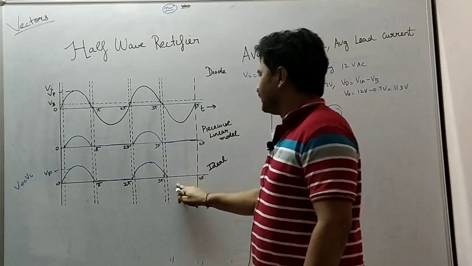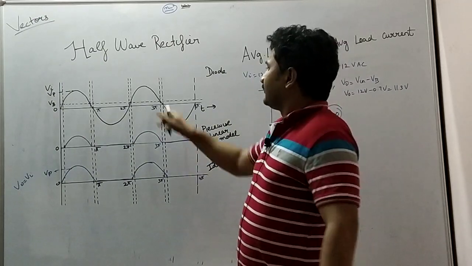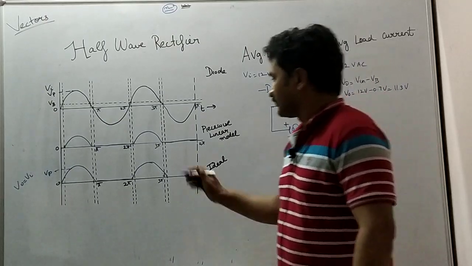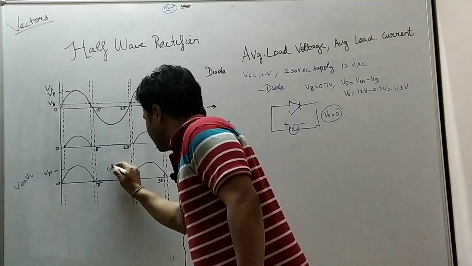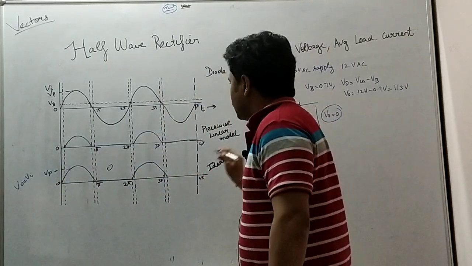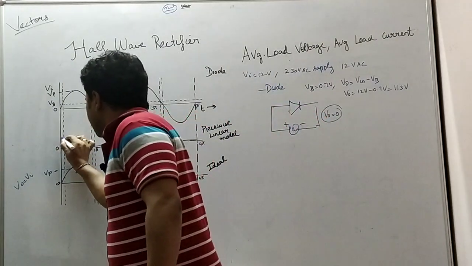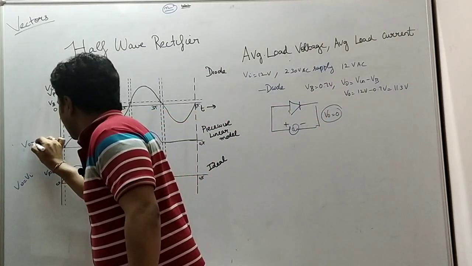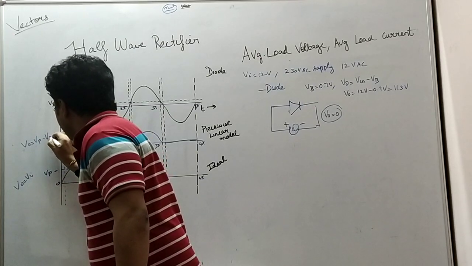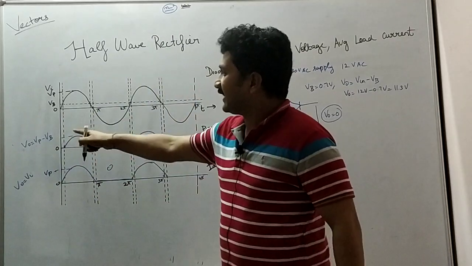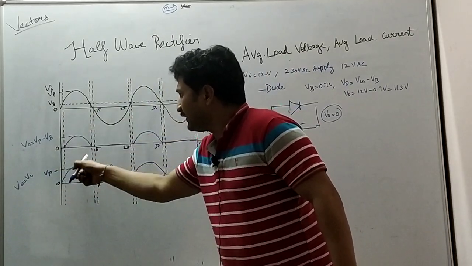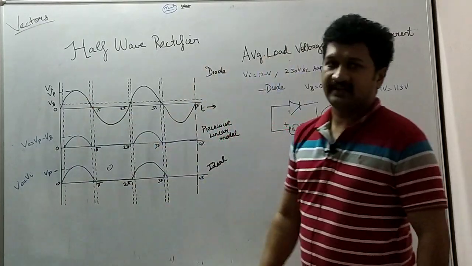This will be the condition for every ideal diode. So this expression we can write as, for piecewise diode, V0 equal to Vpeak minus VB. There is influence of barrier potential here and there is no influence of barrier potential here. So we get the peak voltage as we got in the input voltage.